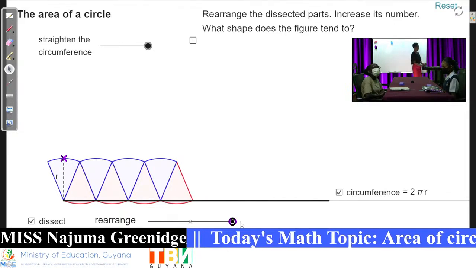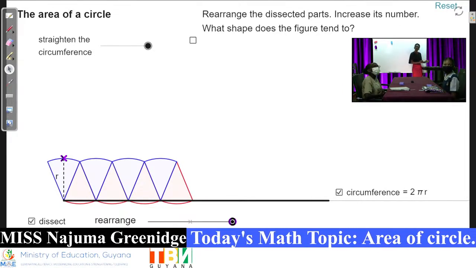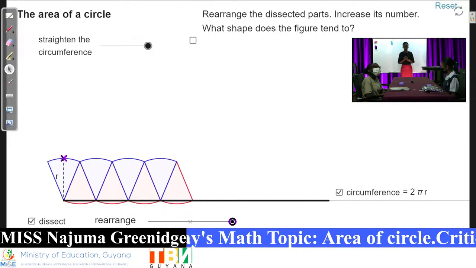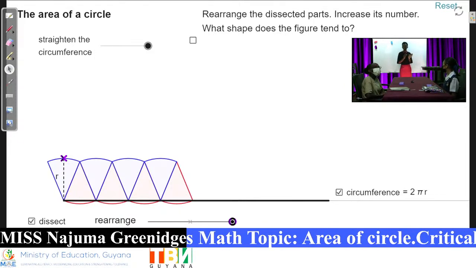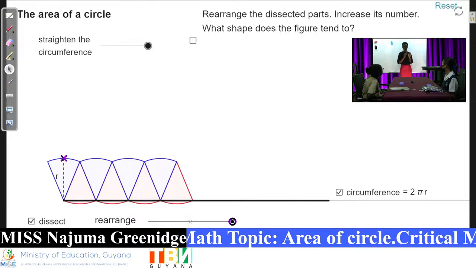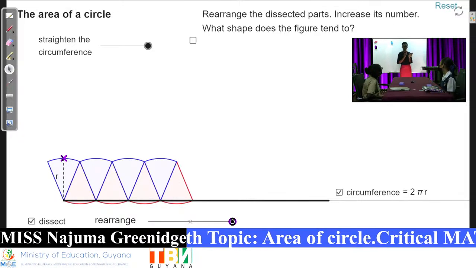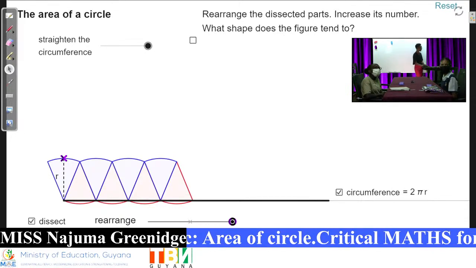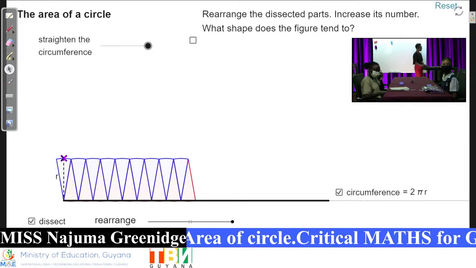Now, the other thing is, it looks parallelogram-ish, right? It looks like a four-sided figure. So now it's not going to be seen much because, remember, we only have like 8 sectors fitted up, right? Now look at what happens when I increase the number of sectors.